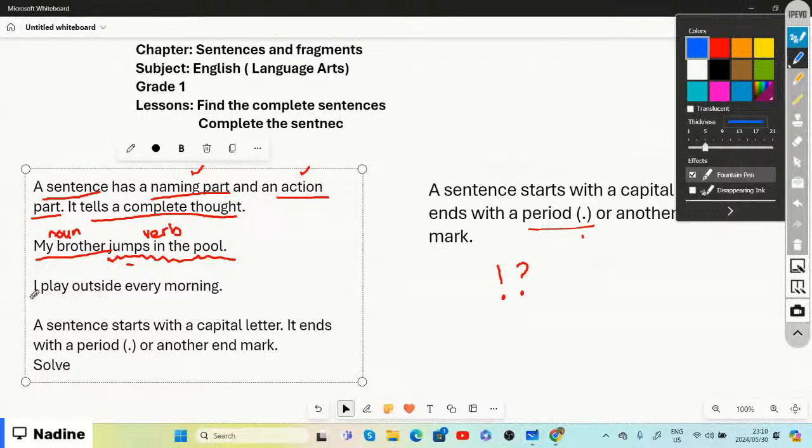So the word I is our naming part. I'm going to put it in. And then we have play outside every morning, and that is our action part, which is our verb.